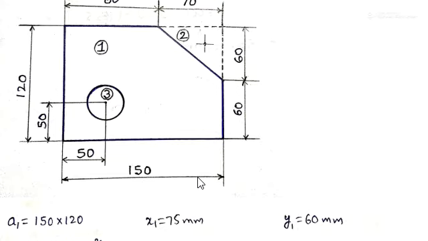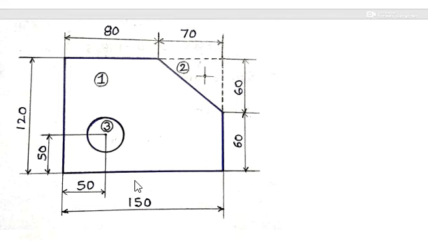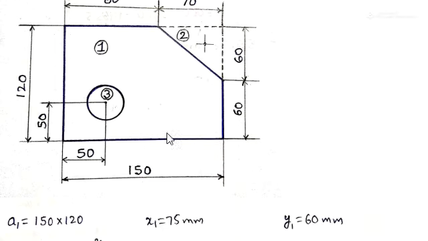In the same way, y1, y2, y3 are the positions of the centers of areas 1, 2, 3 from the bottom edge. For y1, the total is 120, so the center location from the bottom edge in the y direction is 60, because half of 120 is 60. We are taking the total rectangle as 150 by 120, and the center will be at the middle, so by default y1 is 60.